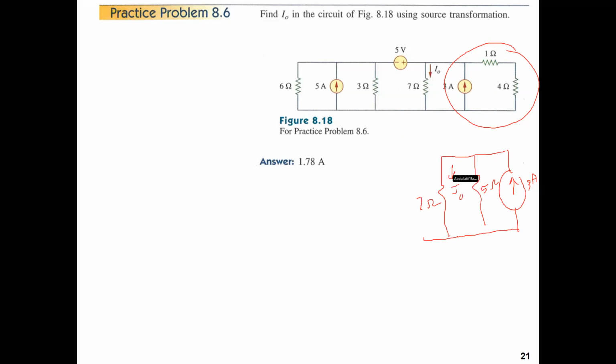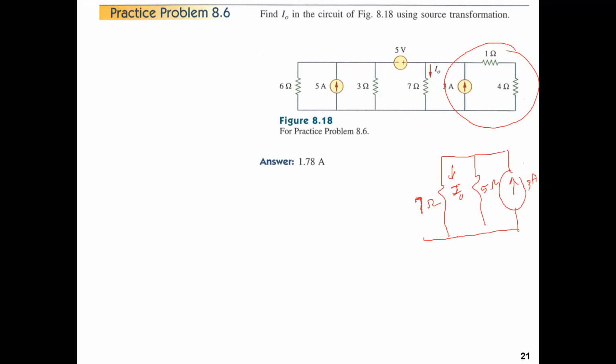Again, as I mentioned earlier in the previous video, we don't touch the element that we are looking to find the parameters through. In this case, we're looking for I0. So the 7 ohm resistor we do not combine with any other element.